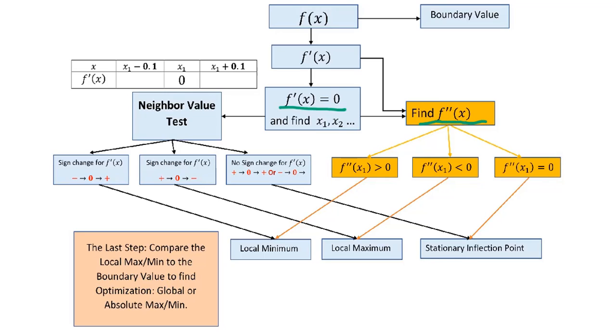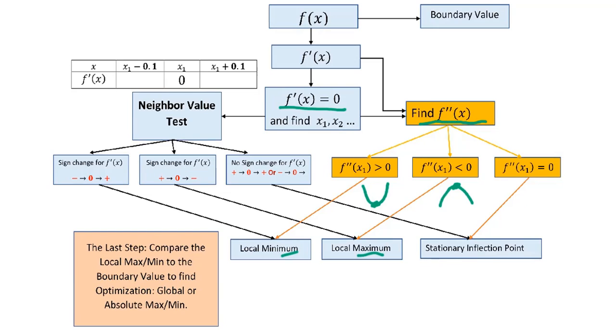Plug in and check: if the second derivative is greater than 0, that means concave up, which means you get a local minimum point. If you plug in and get less than 0, that's concave down, so you get a local maximum.